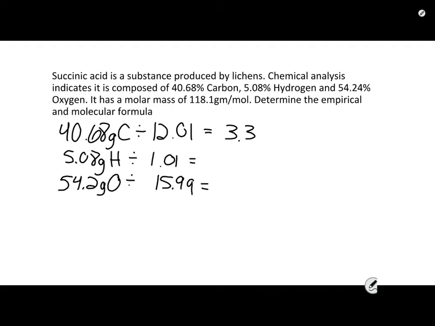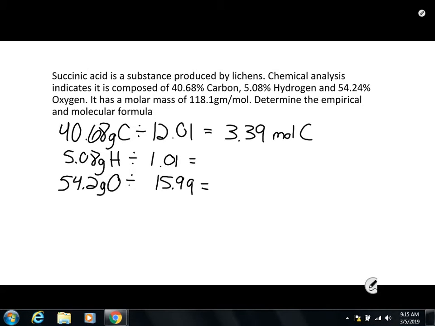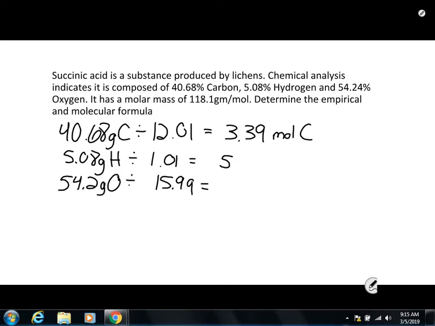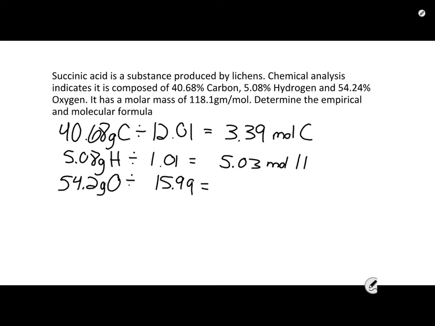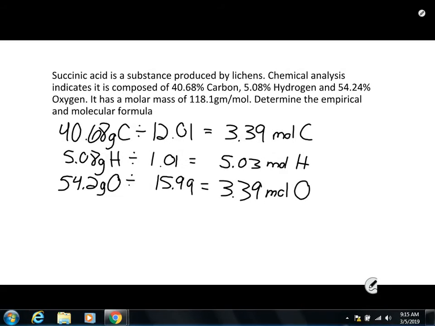Who's got a calculator? 3.39 moles of carbon. 5.01 divided by 1.01, so it's like 5. How many moles of hydrogen do we have? 5.03 moles of hydrogen. And then we had 3.39 moles of oxygen.